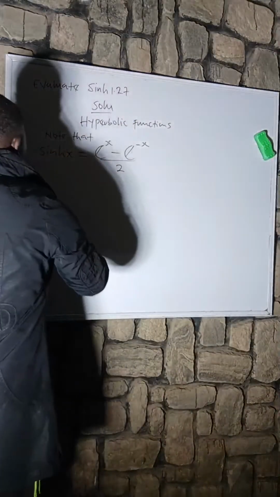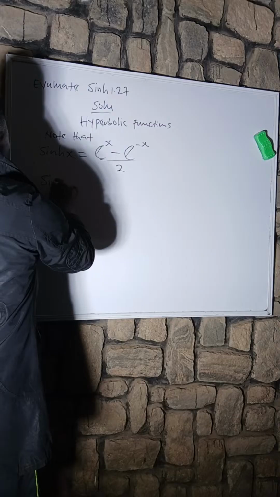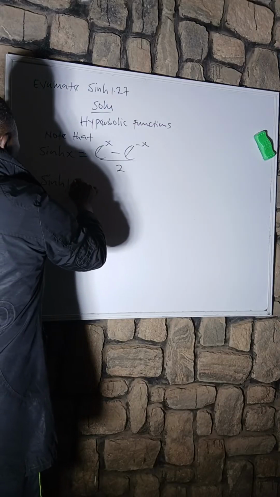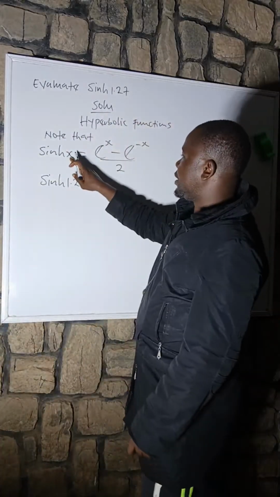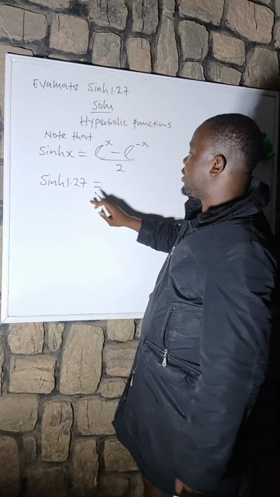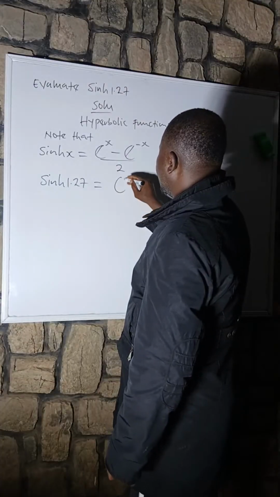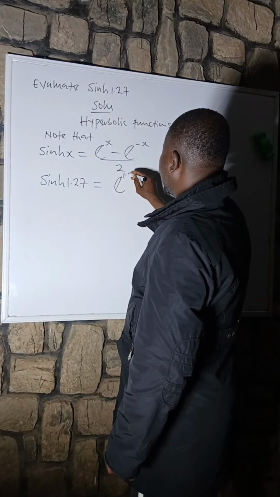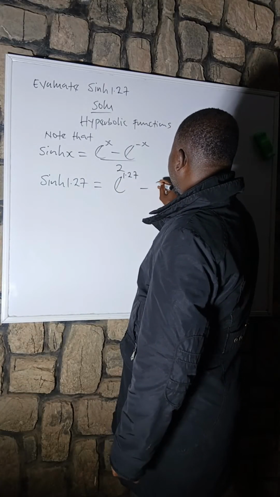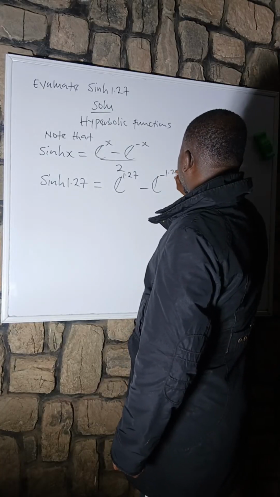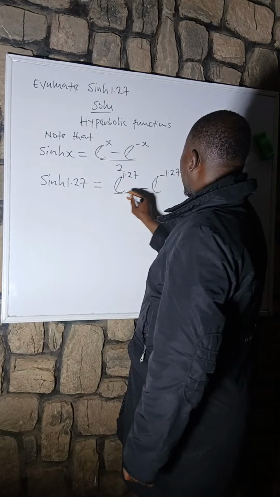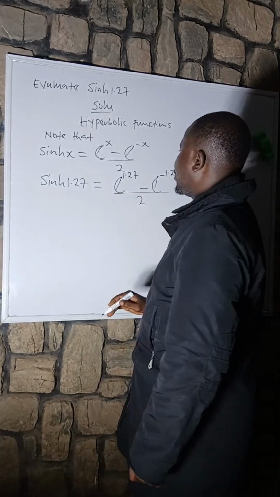So this implies that our sinh 1.27 is equals to, this x is 1.27, so here will now be exponential 1.27 minus exponential minus 1.27 all over 2.